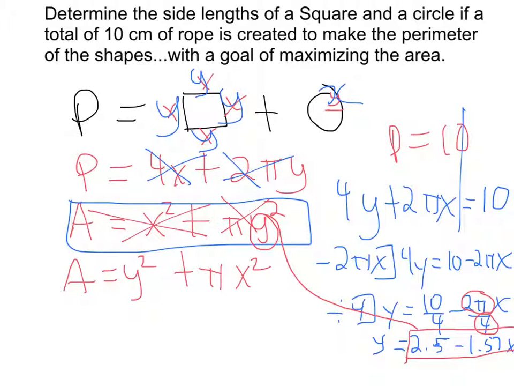So that means that what I'm going to have to do is take this equation and substitute it in for y. And that's better anyway, because I wouldn't want to have to multiply by pi, right? So I'm going to replace y with 2.5 minus 1.57x, I'm going to substitute that in for y. So I'll write it in a different color now.